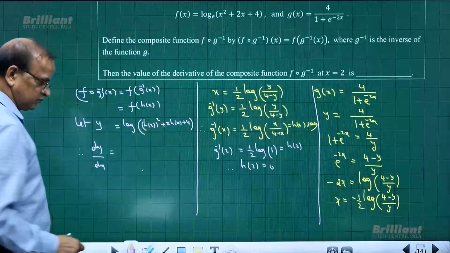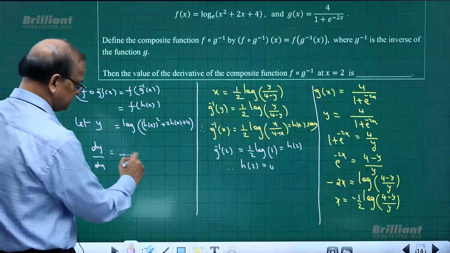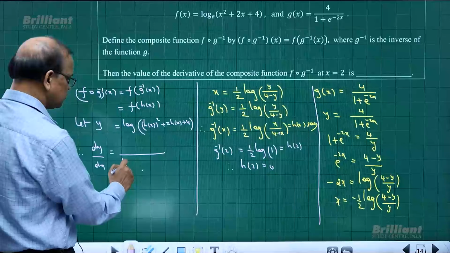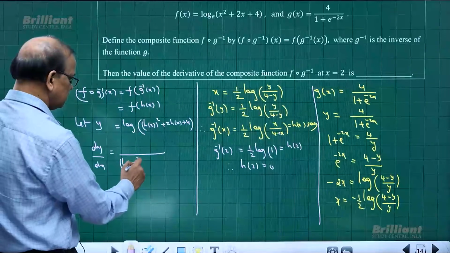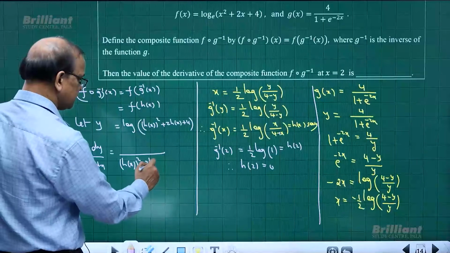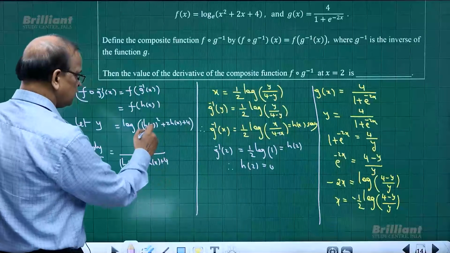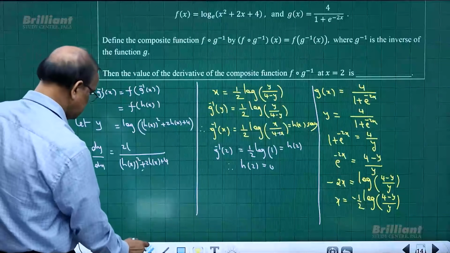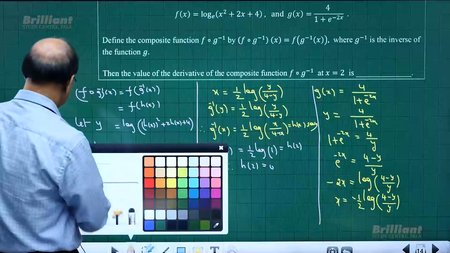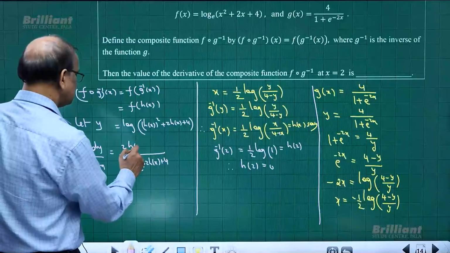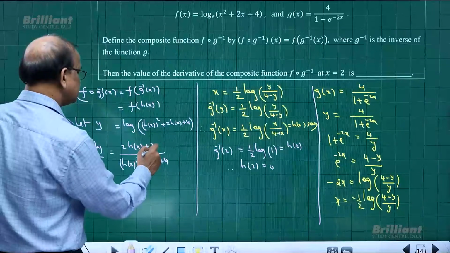So, the derivative of this is what? h x whole square plus 2 h x plus 4, into the derivative of this, 2 h x into h dash x, plus 2 h dash x.